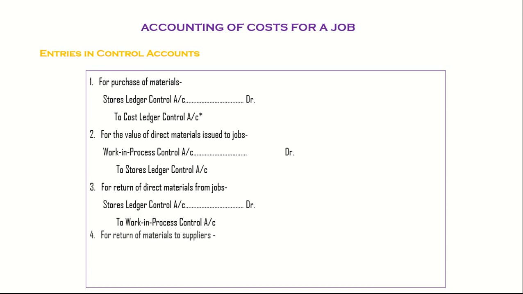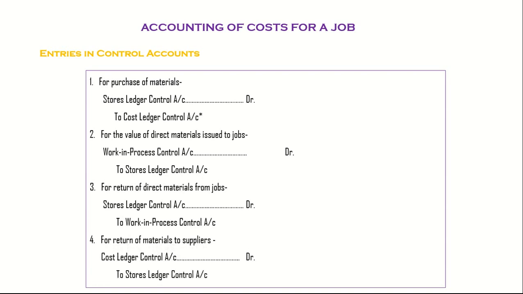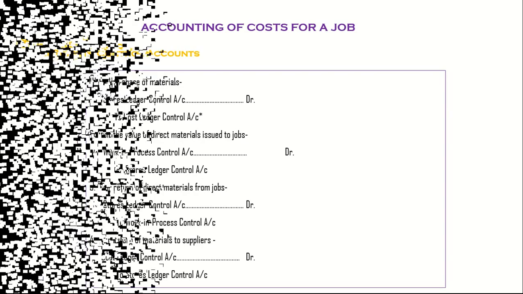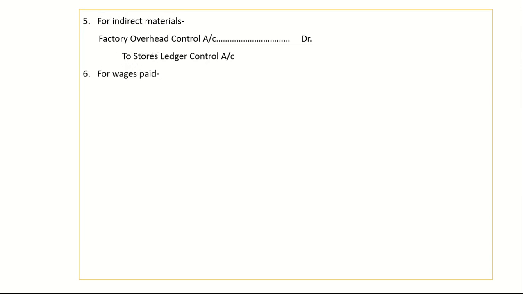4. For return of materials to suppliers. Cost ledger control account, debit. To stores ledger control account. 5. For indirect materials. Factory overhead control account, debit. To stores ledger control account. 6. For wages paid.